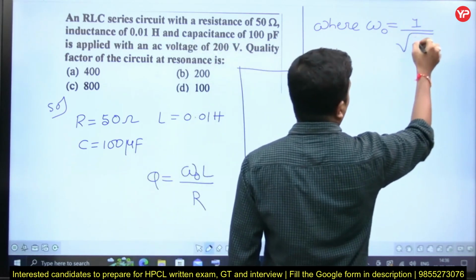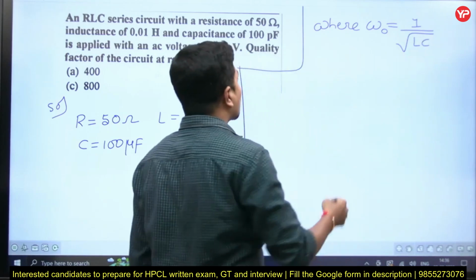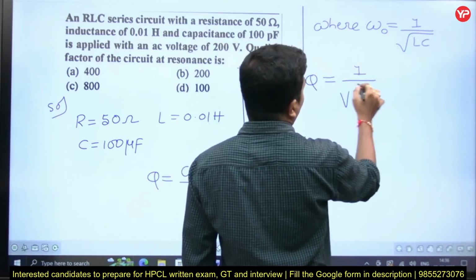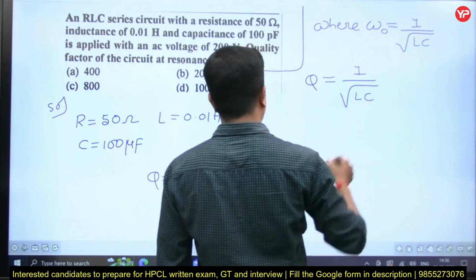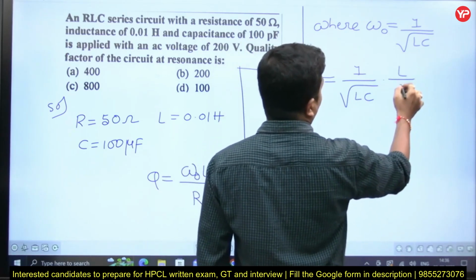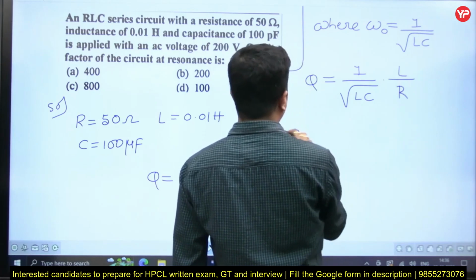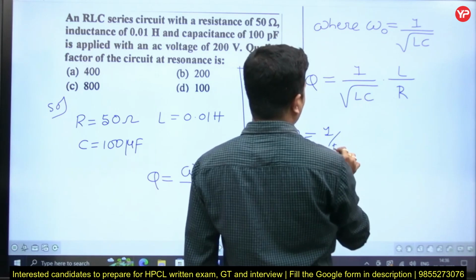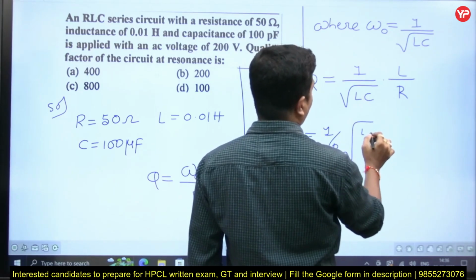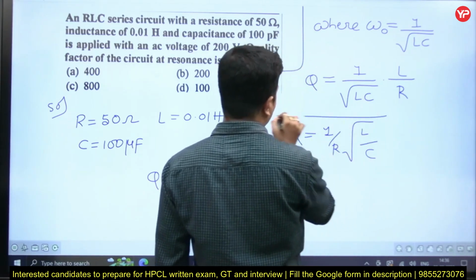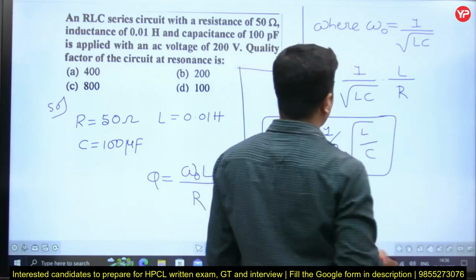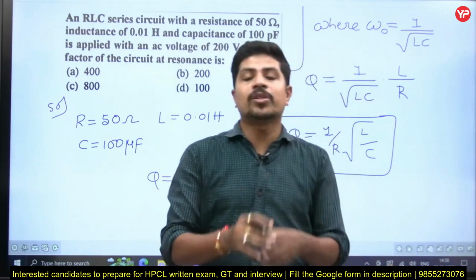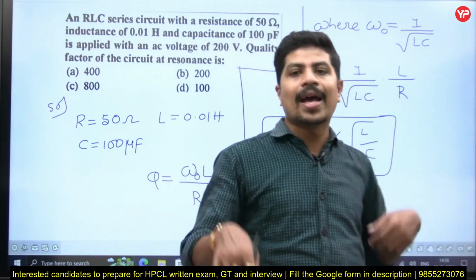Now Q is equal to 1 by root LC omega naught into L by R. Therefore Q is equal to 1 by R into under root of L by C. You have the value of R, L and C. Substitute all those values, you are going to get the answer.